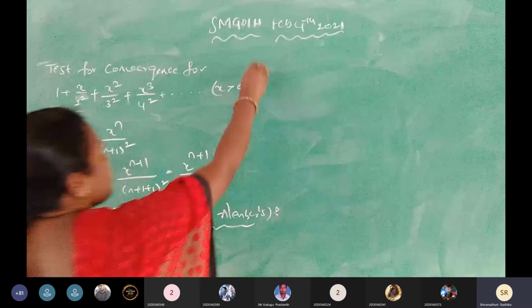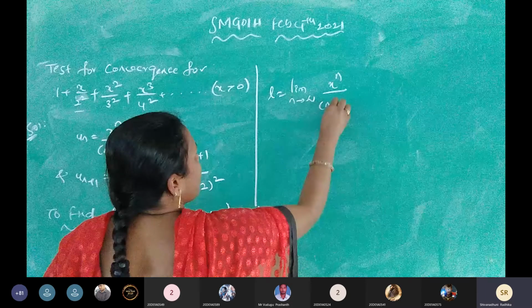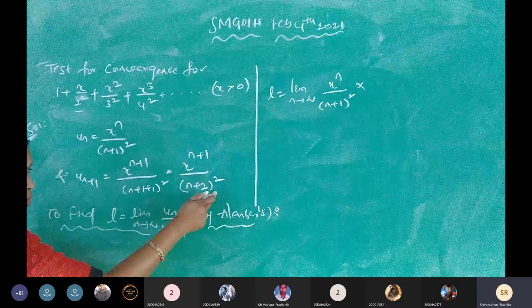What is un? x to the power of n by (n plus 1) whole square into 1 by un plus 1. The denominator goes to the numerator, and the numerator becomes the denominator. So that is (n plus 2) whole square by x to the power of n plus 1.